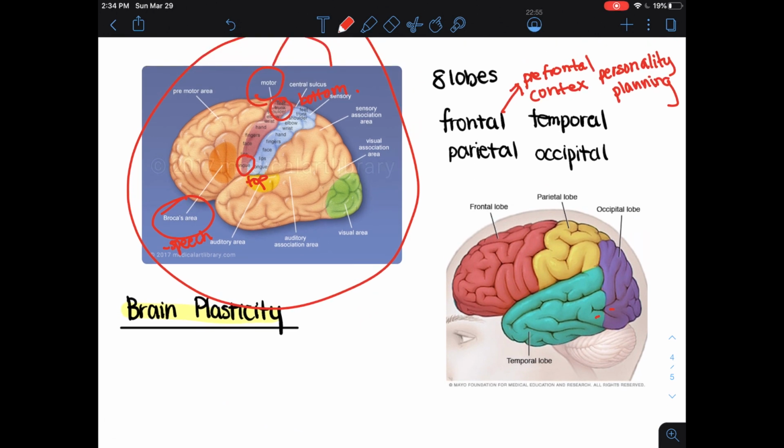Okay, so moving on to your parietal lobe. Parietal lobe is responsible for any sort of perception, so it takes in any kind of stimulus. This makes sense because it has the sensory cortex within it. And then you can see that your sensory cortex is right here.